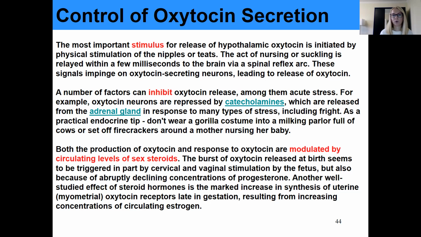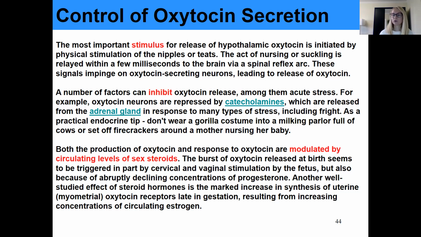Also, both the production of oxytocin and the response to oxytocin are modulated by circulating levels of sex steroids. The burst of oxytocin released at birth seems to be triggered in part by cervical and vaginal stimulation by the fetus, but also because of abruptly declining concentrations of progesterone.